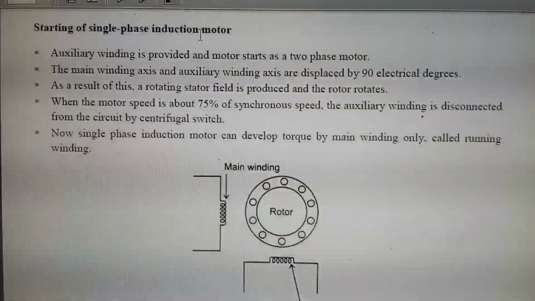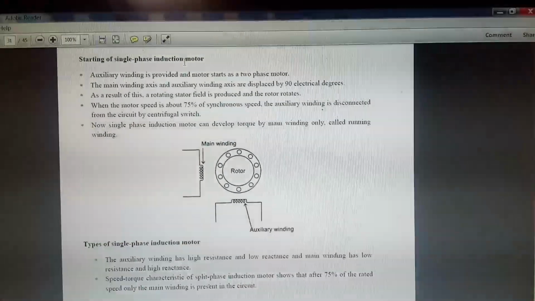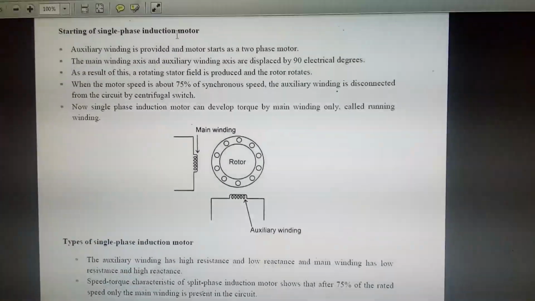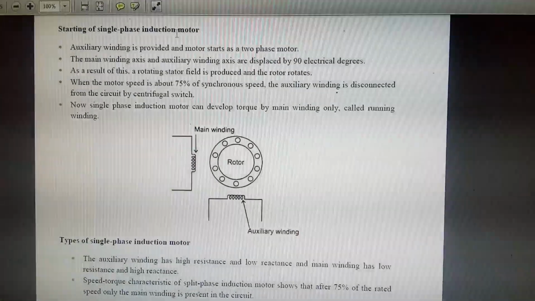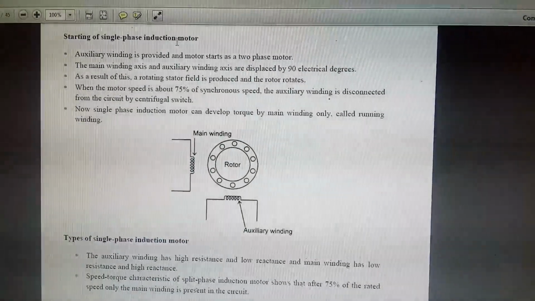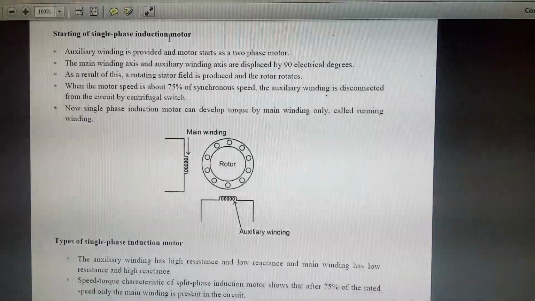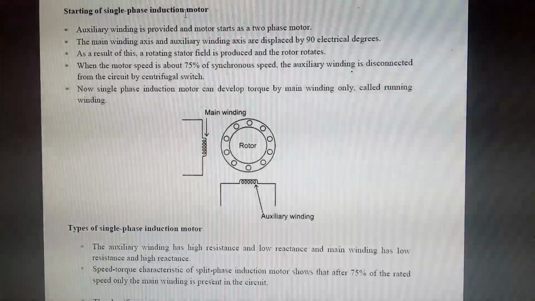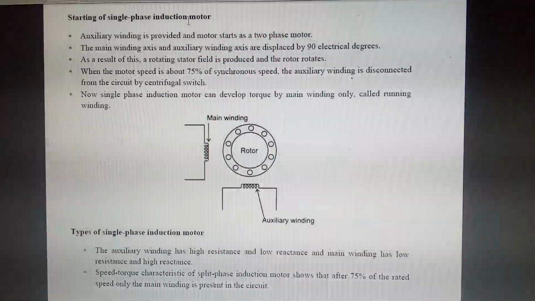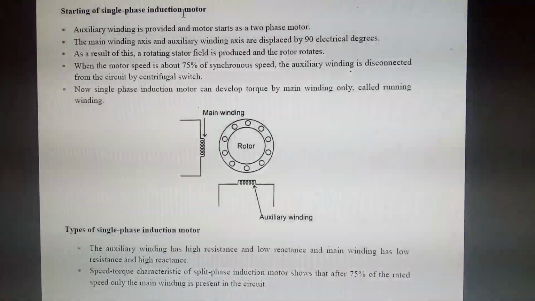Before going to see the basic points about single phase induction motor, an auxiliary winding is provided and the motor starts as a two phase motor. Actually, the single phase induction motor has two windings. One is the main winding, the second one is the auxiliary winding.